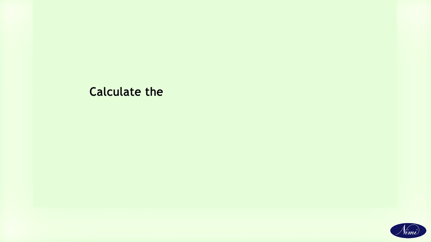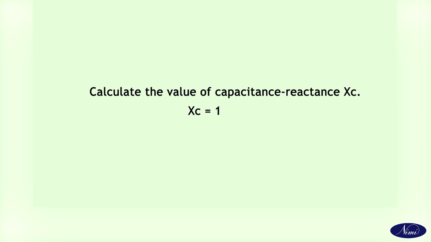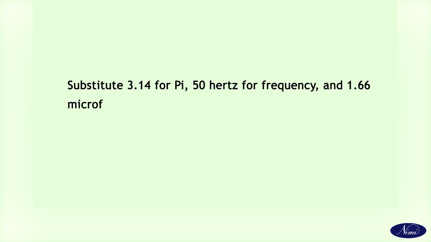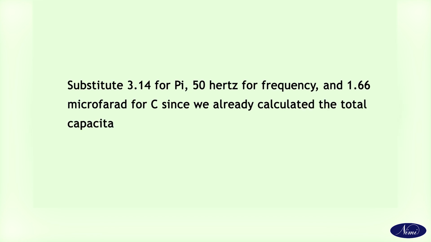Calculate the value of capacitive reactance Xc. Xc is equal to 1 by 2 pi Fc. Substitute 3.14 for pi, 50 Hz for frequency, and 1.66 microfarad for C, since we already calculated the total capacitance as 1.66 microfarad.